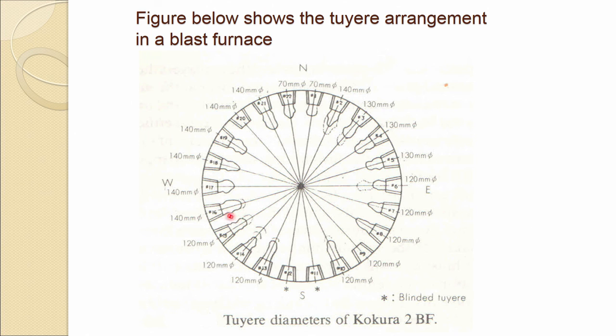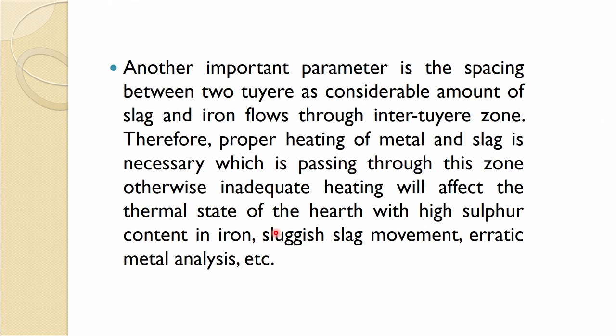So, this interspacing is very important, and this is what it says: the flow goes through the intertuyere zone, and proper heating of metal and slag passing through the zone is necessary. Otherwise, inadequate heating will affect the thermal state of the hearth, with high sulfur content in iron, sluggish slag movement, and erratic metal analysis.